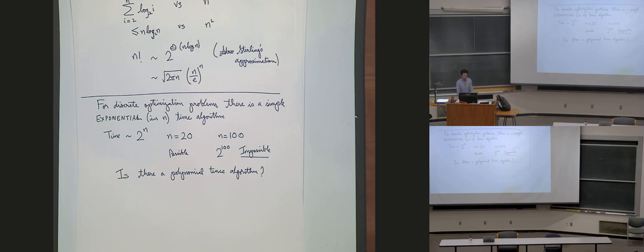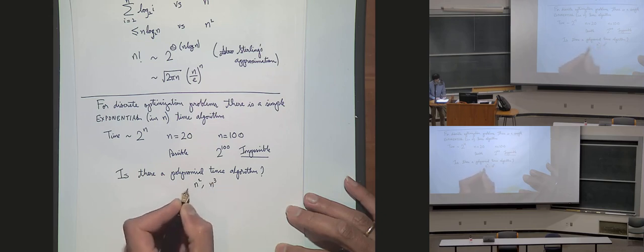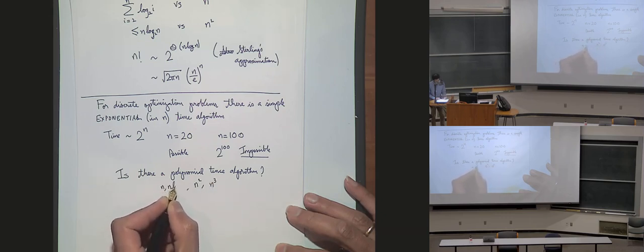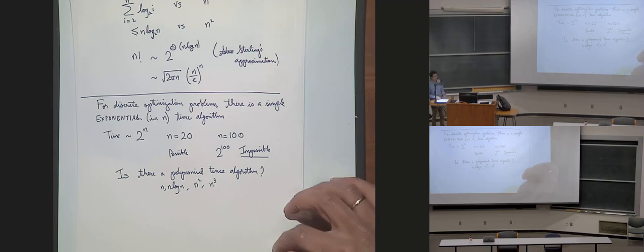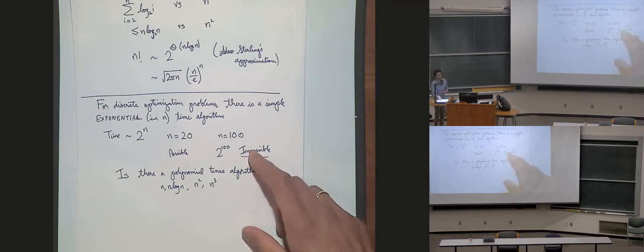So you formulate your problem as a discrete optimization problem, and then you try to use a technique like dynamic programming or greedy algorithms to get something that is polynomial time. By polynomial time, I mean the running time is going to be like n squared, n cubed, n log n. Now, even things like n squared and n cubed can be quite large in practice, but it's definitely better than 2 to the n.